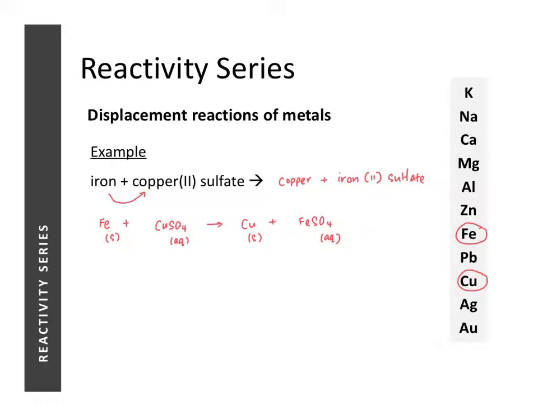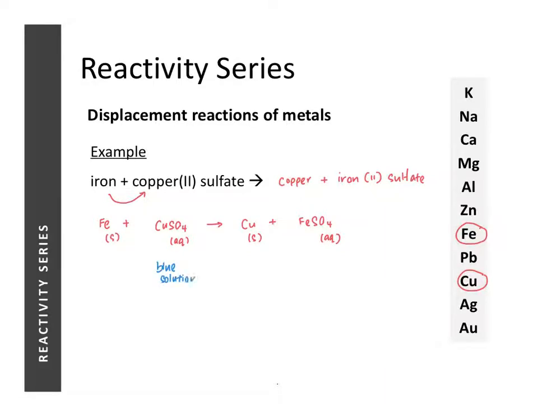Now this displacement reaction is a very famous one. Why is it famous? Because there is a very distinct observation that you can make when this reaction occurs. I hope by now you can recall that copper 2 sulfate is a blue solution.